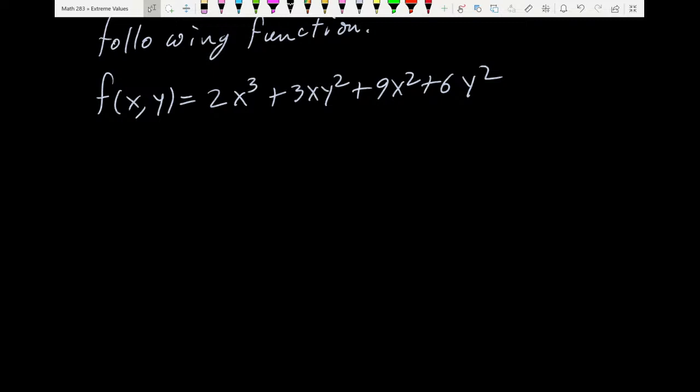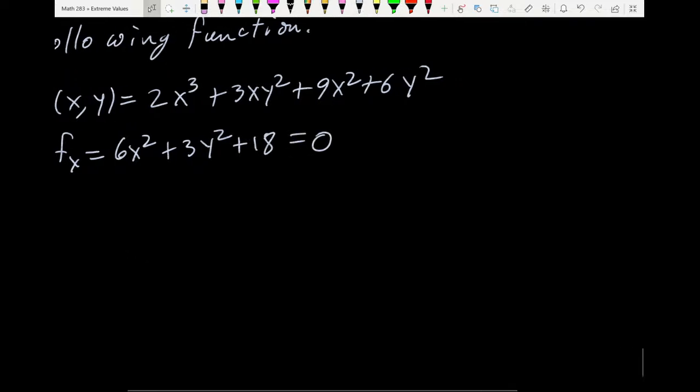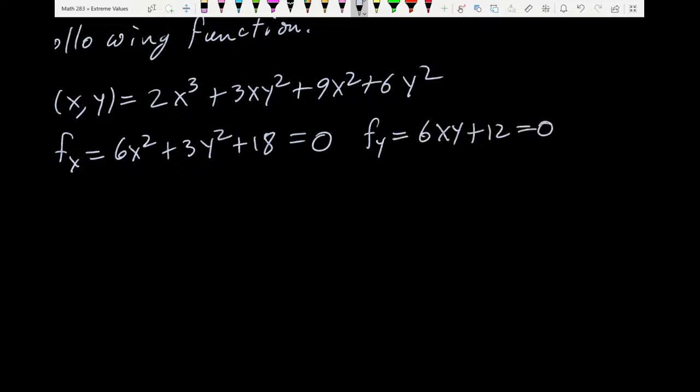Okay, so let's look at it. So f sub x is what in this case? 6x squared plus 3y squared plus 18x. We set it equal to 0. And the other one we get f sub y equals 6xy plus 12y equals 0. From that, what can we get?